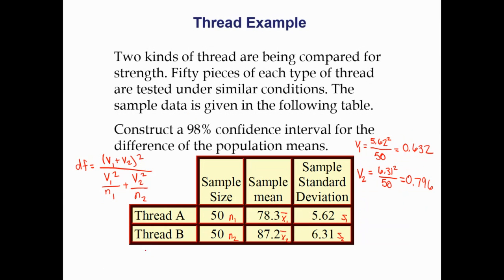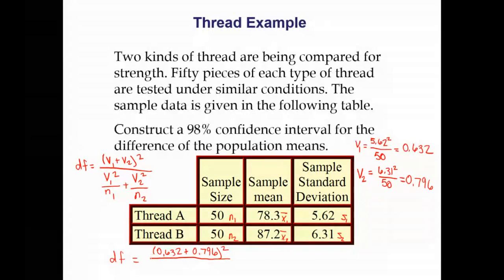So V1 we said 0.632 plus 0.796, squared, over 0.632 squared.